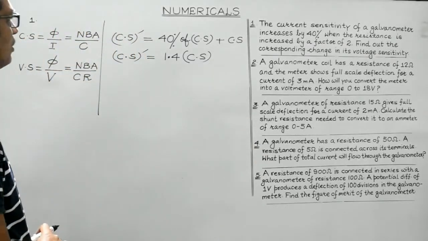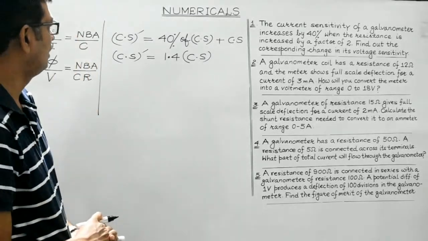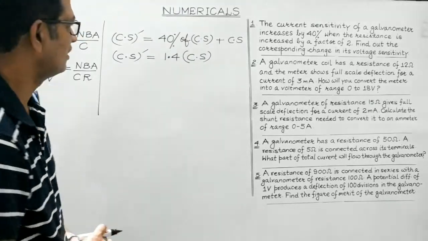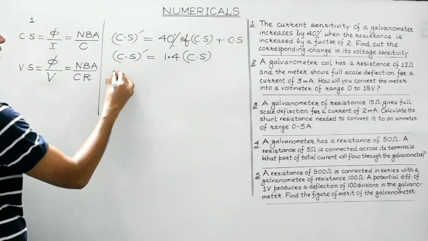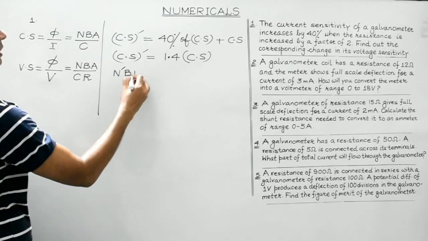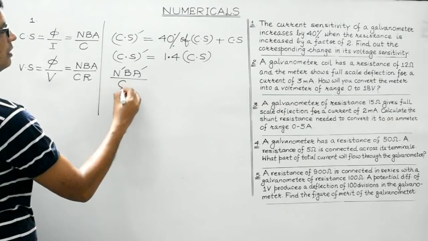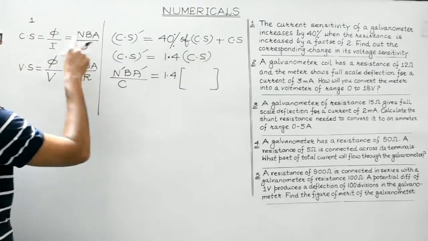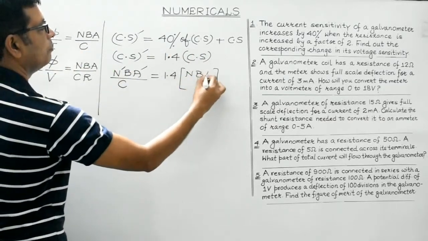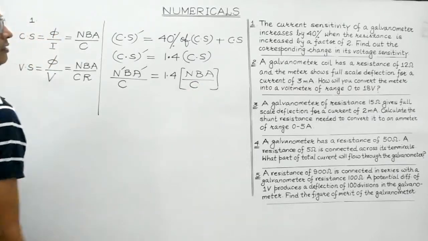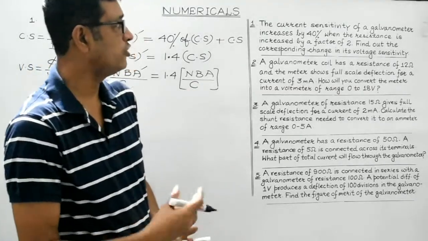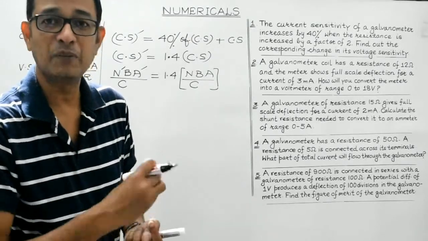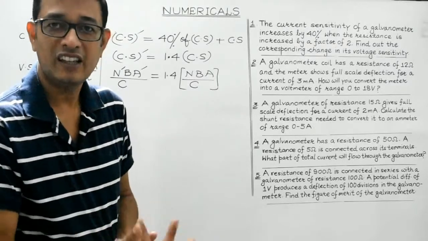Now, for a given galvanometer, the strength of the magnetic field, the torsional constant of a given suspension wire, that will remain constant, isn't it? So new current sensitivity can be written as N dash B A dash divided by C is equal to 1.4 times the original current sensitivity, that is NBA divided by C. Look, due to the change in the resistance, it can be done either by increasing the number of turns or by changing the area, isn't it?